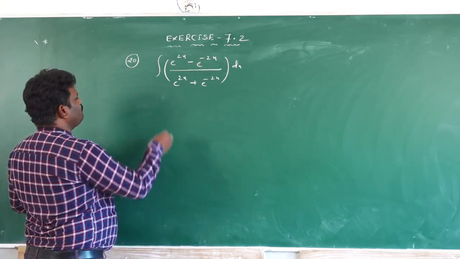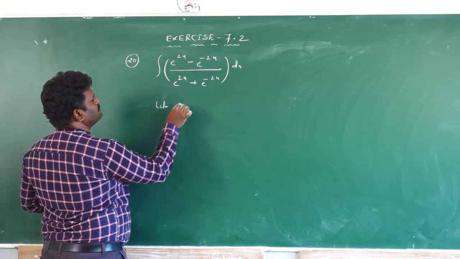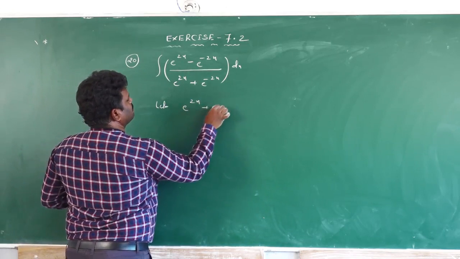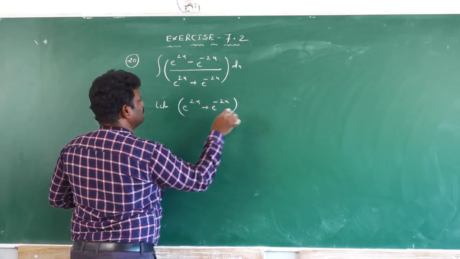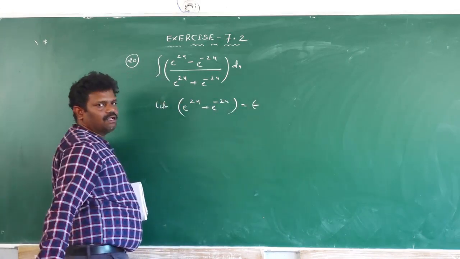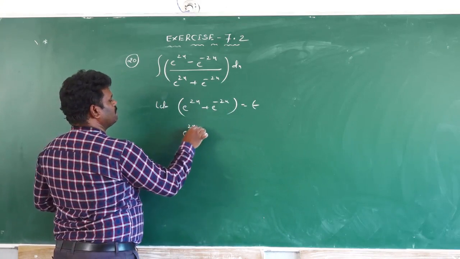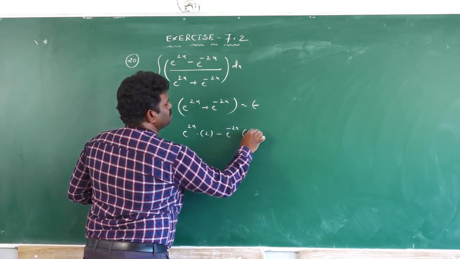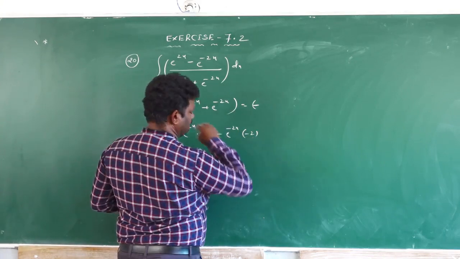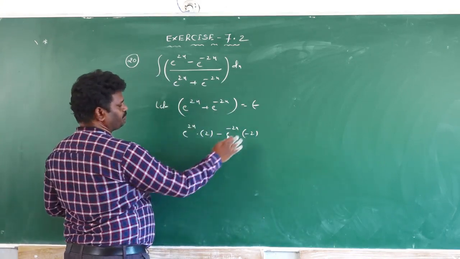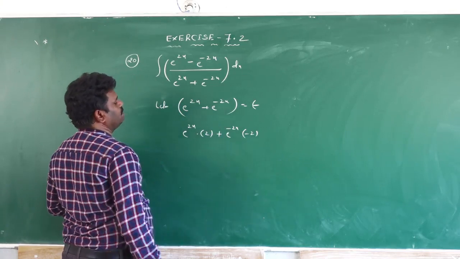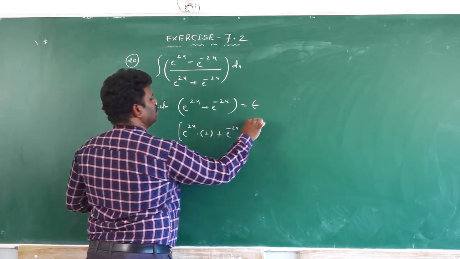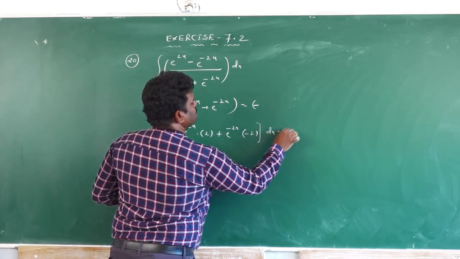So if we consider e power 2x plus e power minus 2x is equal to t, now applying the derivative, e power 2x into 2 minus e power minus 2x into minus 2, that is plus, dx is equal to dt.